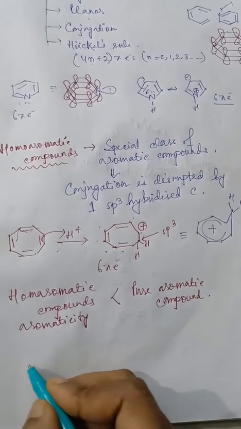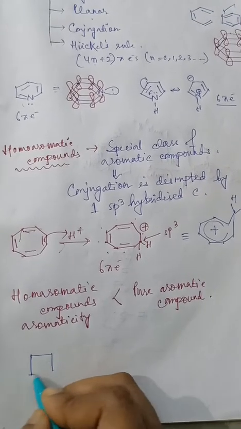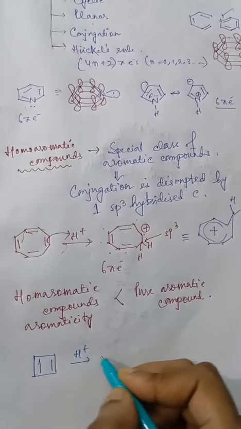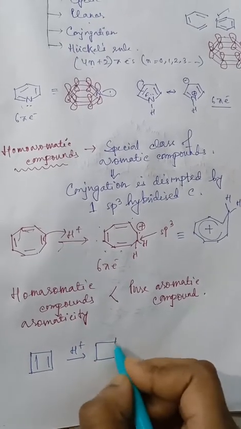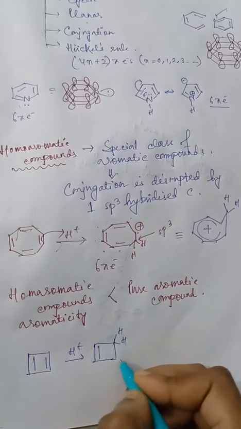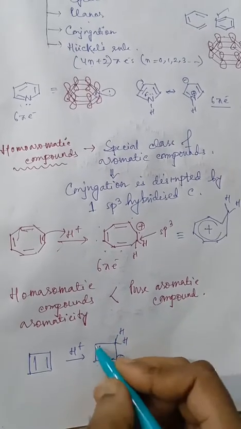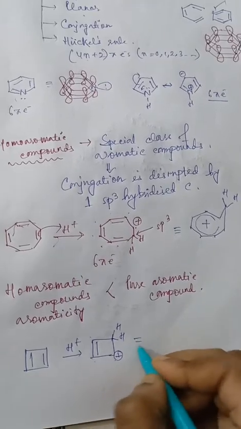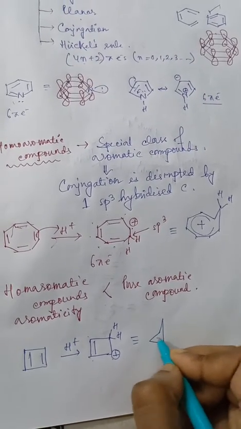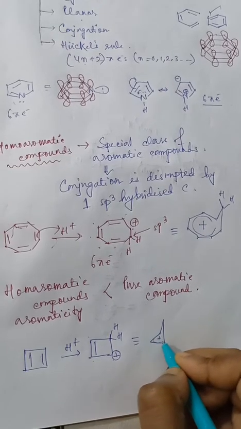It will be like this when you treat cyclobutene, and similarly when you treat this with acid, it will also form a compound like this. See, this one is sp2, sp2, sp2, but this one is sp3. It also stays like this, and the positive charge is distributed over these 3 carbons.